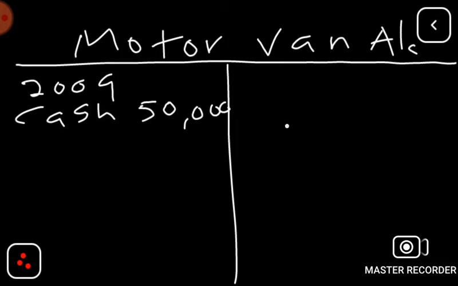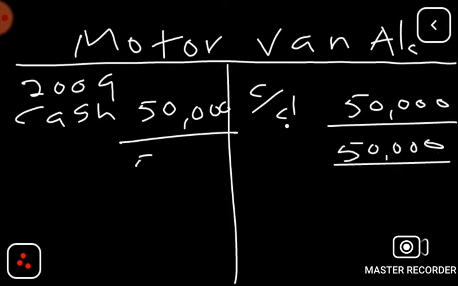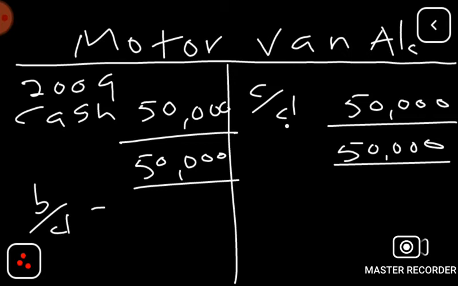Nothing was sold in this year 2009. According to the question, it didn't tell us that they sold anything, so we just have to bring the credit down this side with the same amount, which is 50,000, and we have our total 50,000 there, and also there we have our total 50,000. Then balance brought down still remains our 50,000.